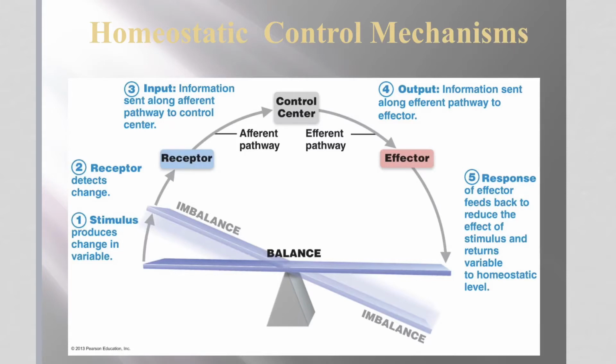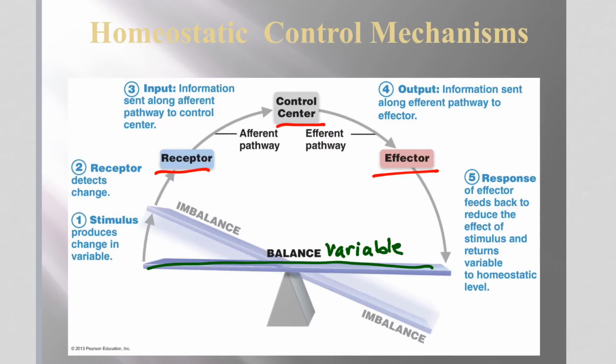So you can see that you have three interdependent components. You have a receptor, a control center, and an effector. And what you want to think about when you're looking at a homeostatic control mechanism is that there is some variable that's set.